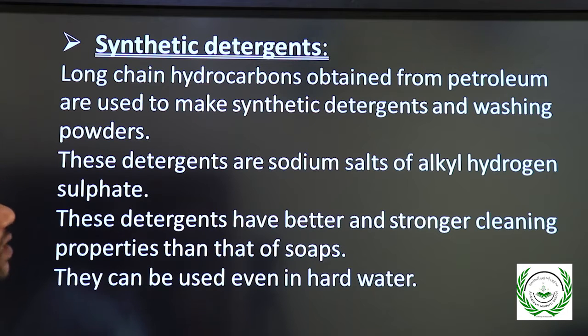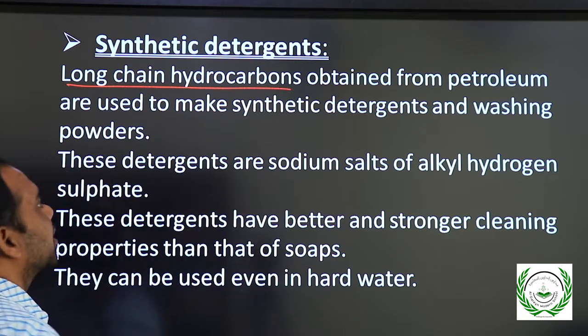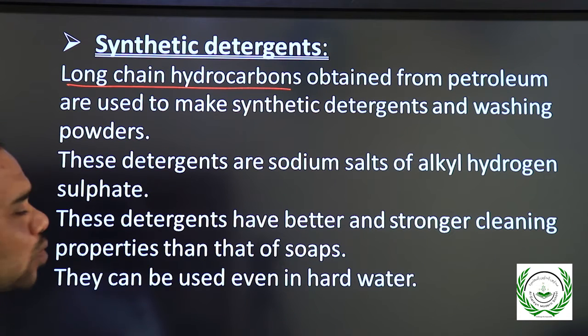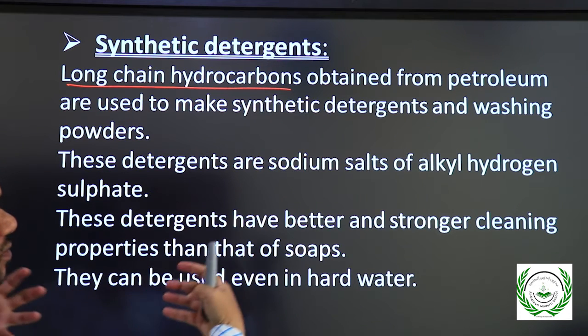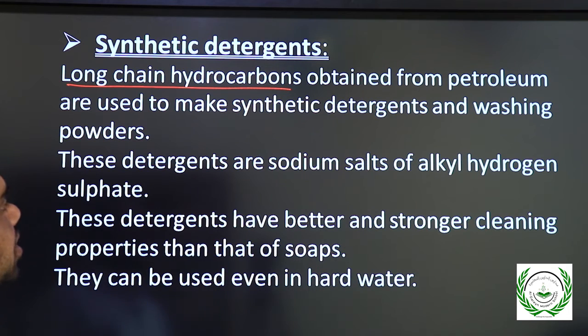Next, synthetic detergents. Naturally, artificial detergents are used for cleaning purposes. The long chain hydrocarbons, from the beginning of the chapter we already discussed what long chain hydrocarbons are: units of hydrocarbons join to form long chains.